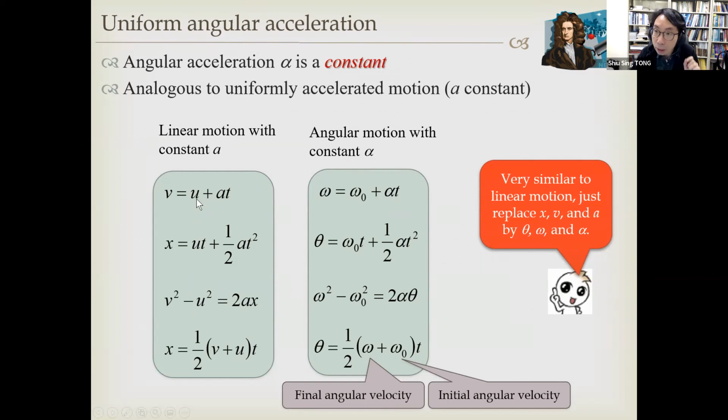And the initial velocity u in the linear case becomes the initial angular velocity omega naught. We use a subscript 0 to denote the initial value of the angular velocity. And the final velocity v becomes the final angular velocity omega.